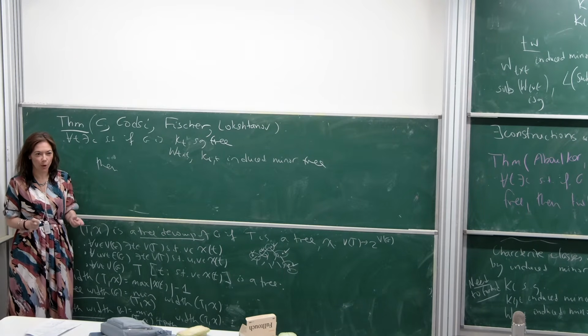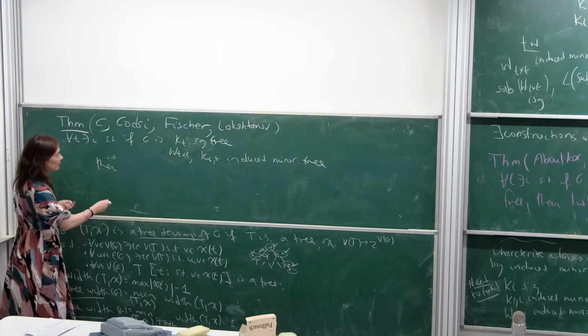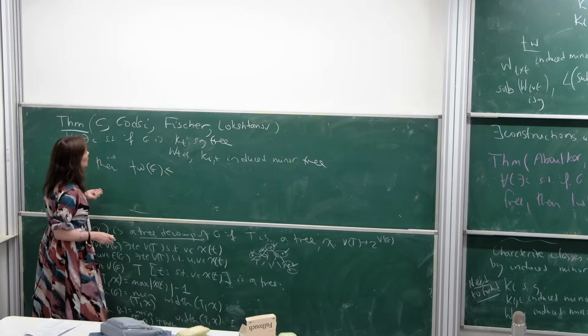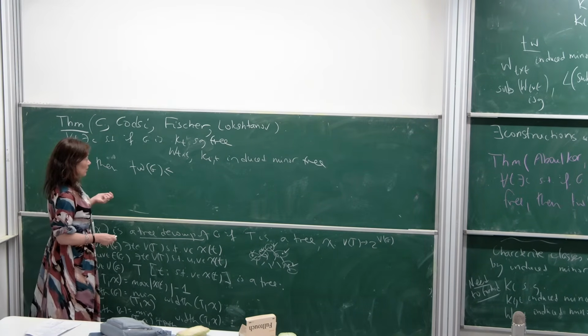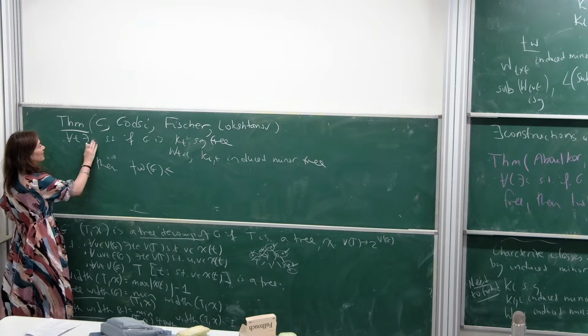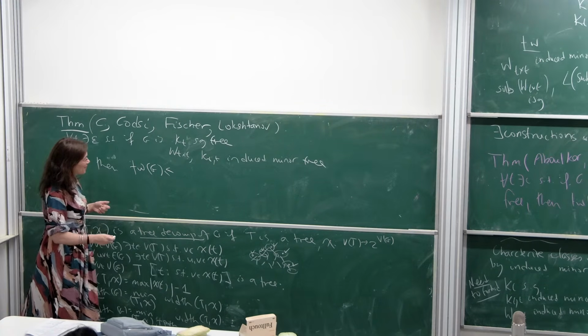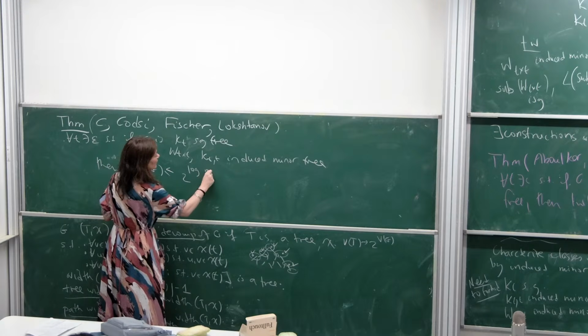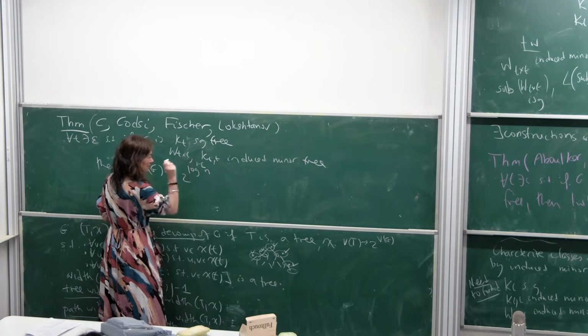It's more than log n to the epsilon. So the treewidth of G is at most, we call this c epsilon, 2 to the log n to the 1 minus epsilon.